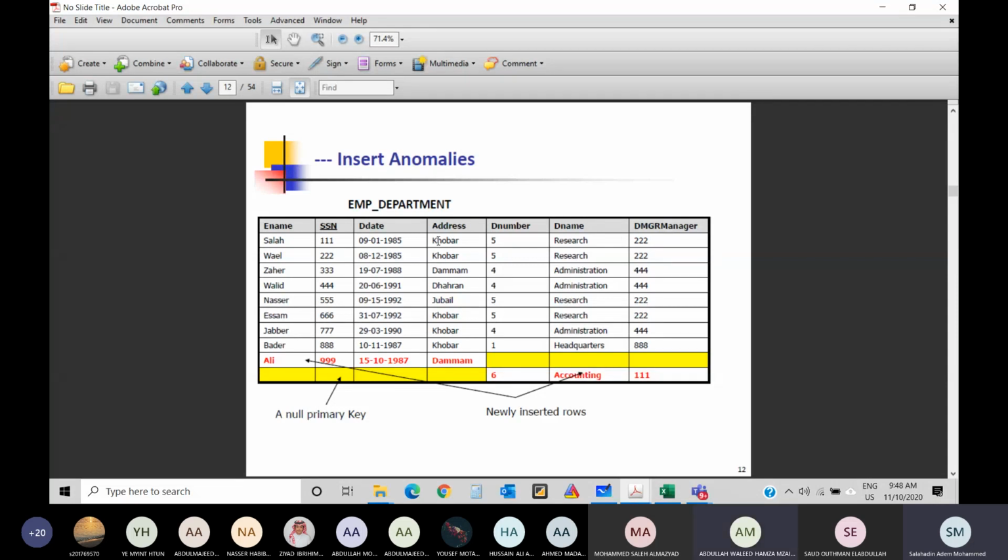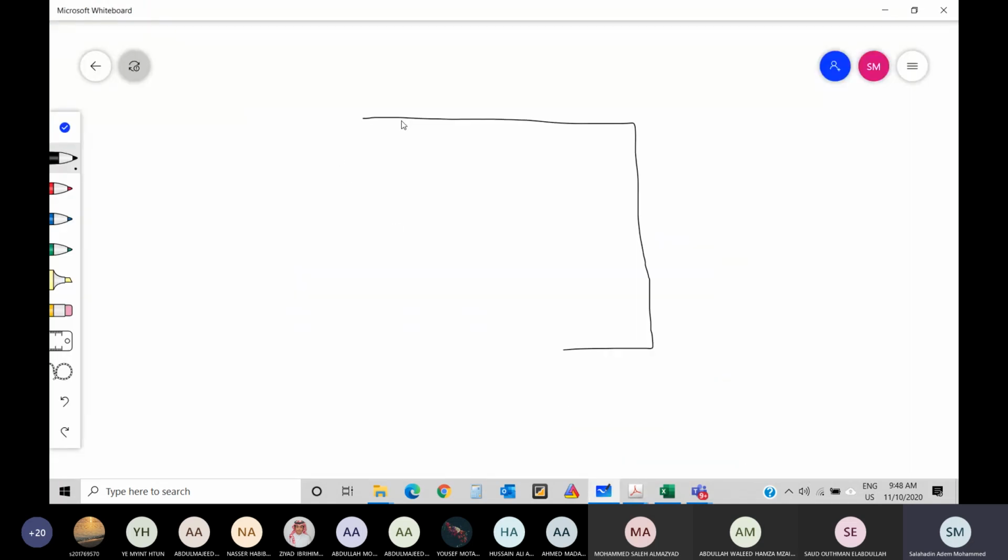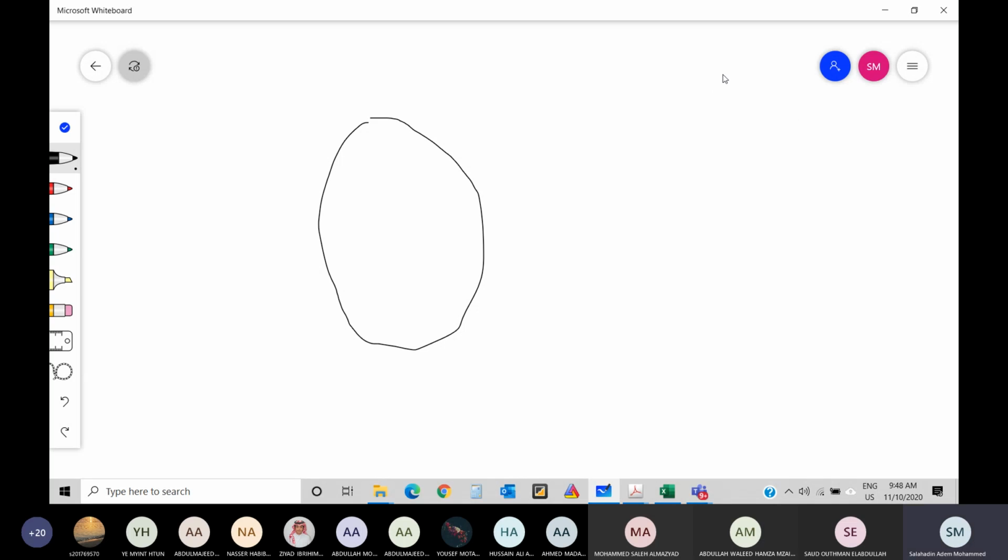Let's see, Khubar. Different, you have 222 and 444. So Khubar is getting mapped into 2 different managers. Because the time is running, I cannot make an example, so let me just take the different cities and different managers. I want to find out whether manager is functionally dependent on the city. So what are the different cities?